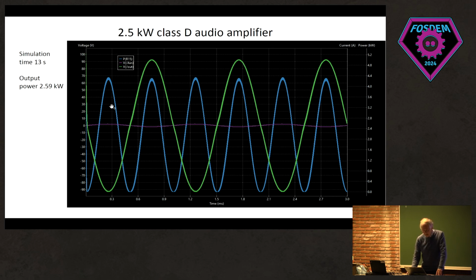And with the double frequency, you have the power signal, the blue one here. And if you do an RMS over this output power signal, you see here it's kilowatt up to 4.3, for example, you will get an output power of 2.6 kilowatt.